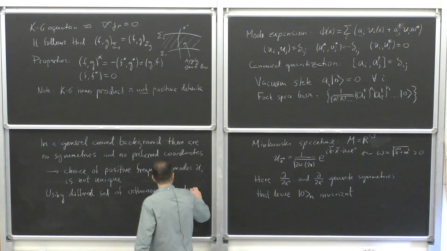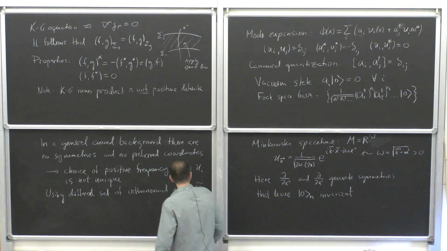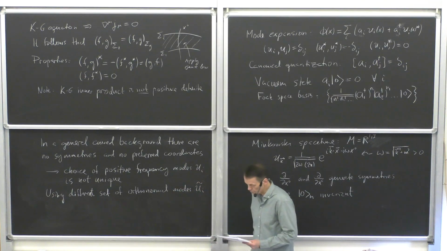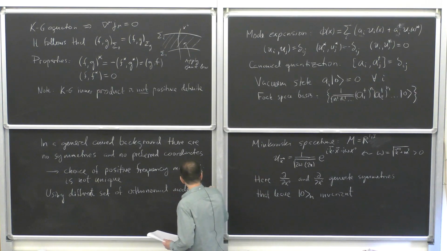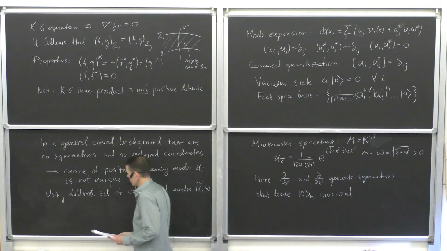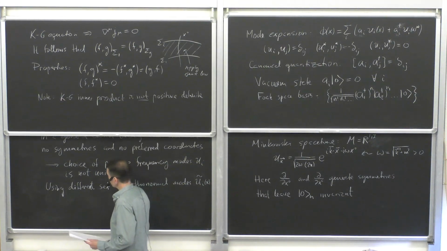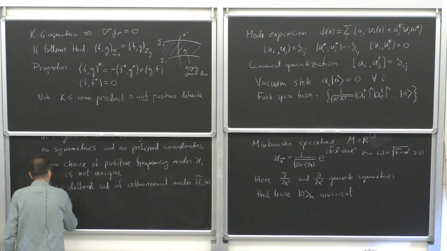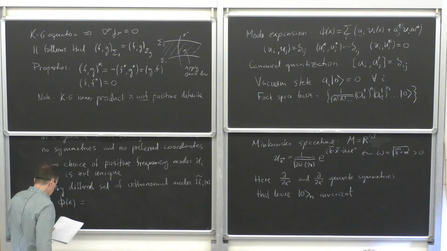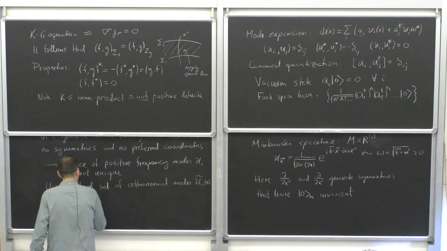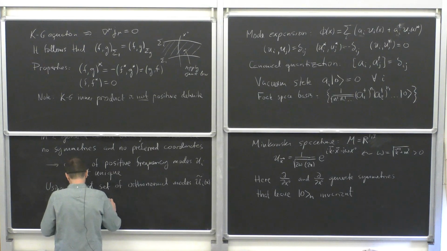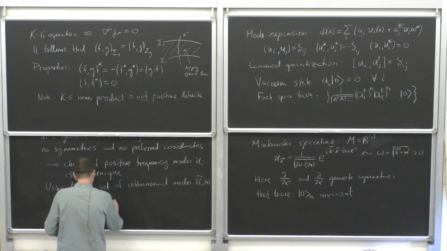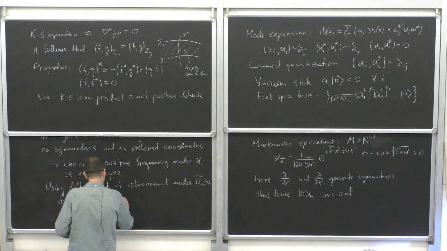Let's call them U_i twiddle. And they're, of course, still functions of the position on the manifold. Then we can, of course, expand our field again. And now we're going to have a sum over a new set of annihilation and creation operators in exactly the same way.